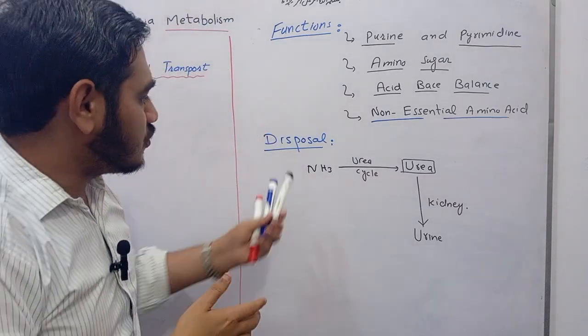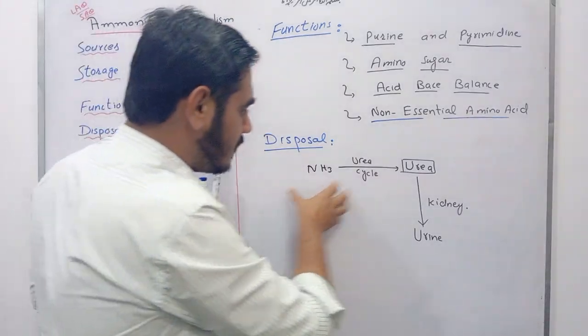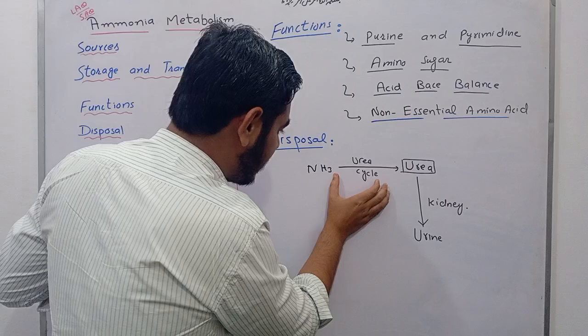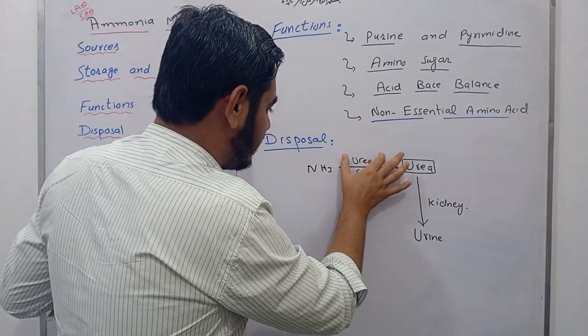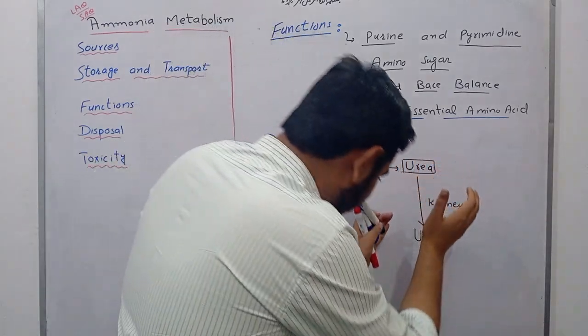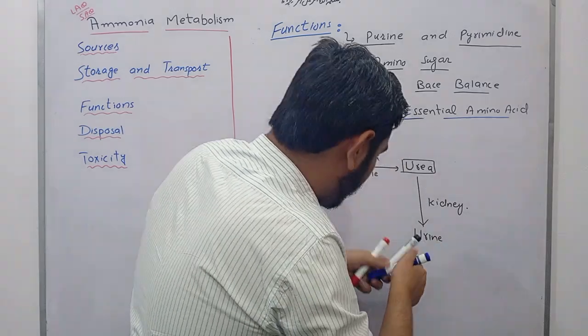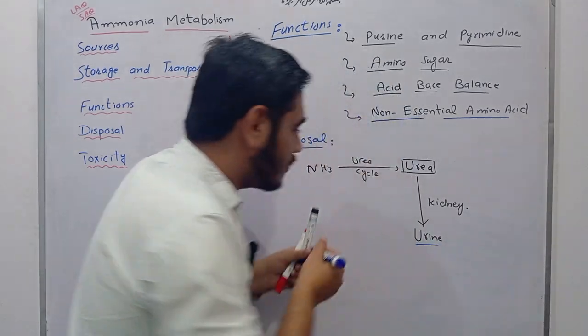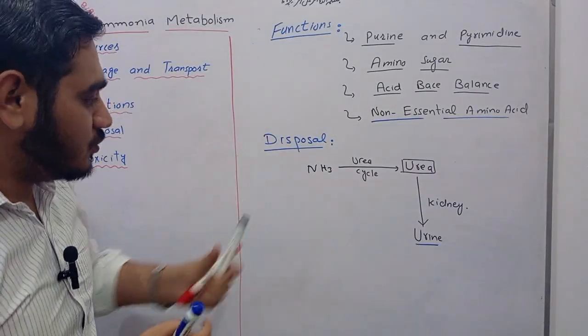So this is the disposal of ammonia. This ammonia converts into urea through the urea cycle, and that process takes place in the liver. And urea gets excreted into the urine through the kidney.